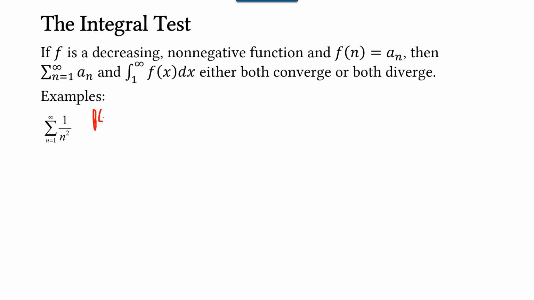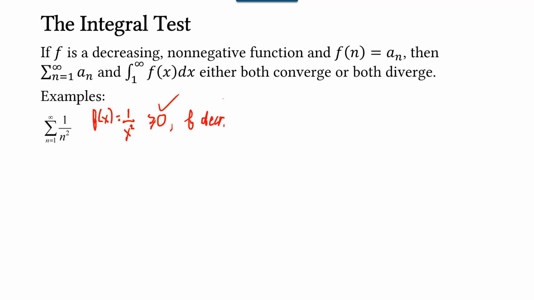So if I think about the function f of x equals 1 over x squared, that is a function that is non-negative. And as x gets bigger, 1 over x squared gets smaller, so the function is decreasing.